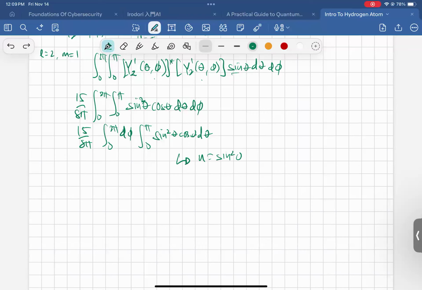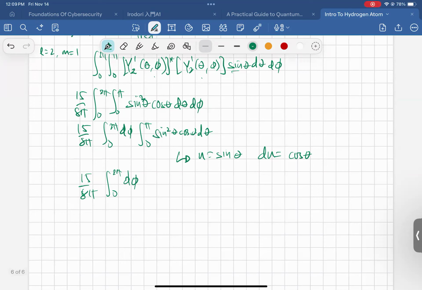If we let u be equal to sine theta, then du is equal to cosine theta d theta. Better yata to. So that will give us 15 over 8 pi, 0 to 2 pi d phi, and then integral ng u squared du.